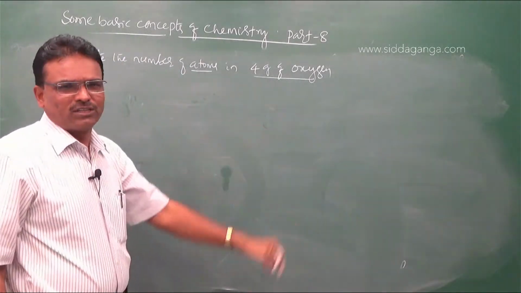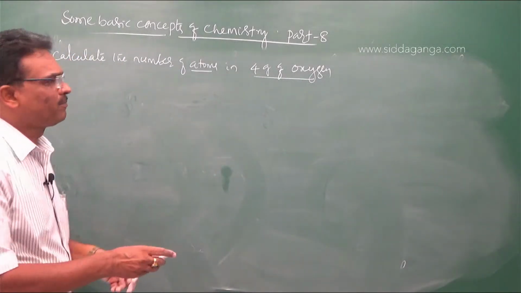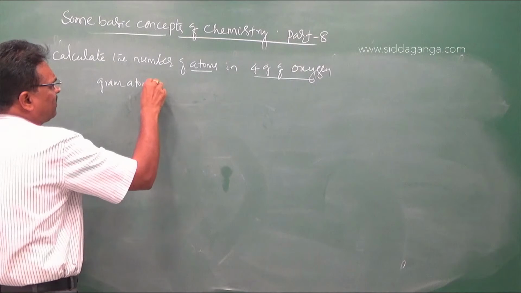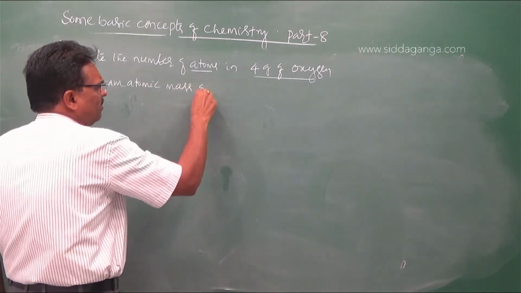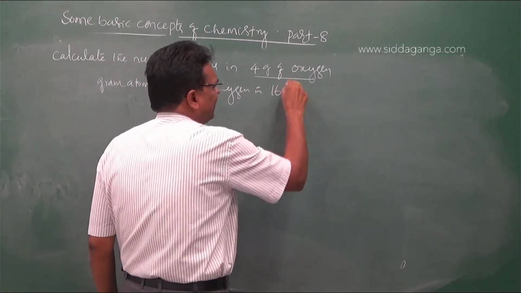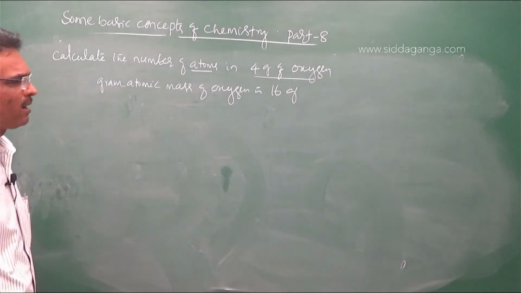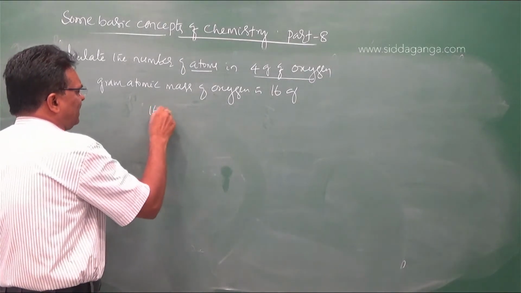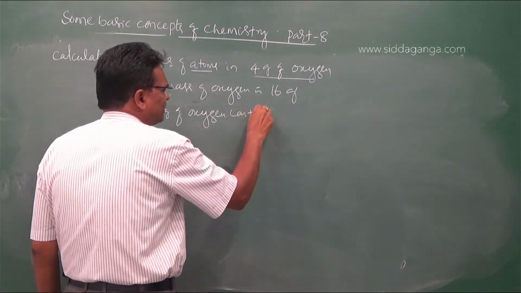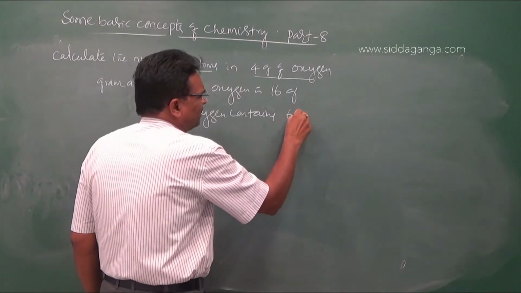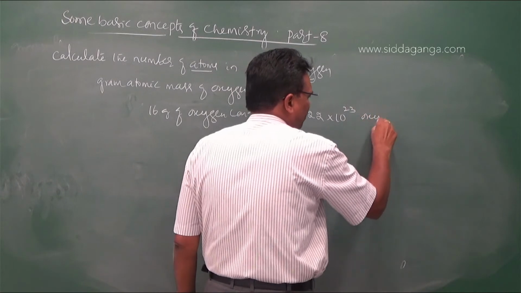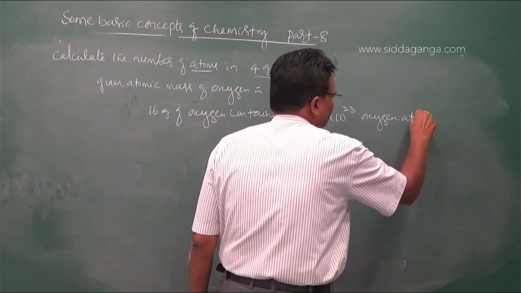Calculate the number of atoms in 4 gram of oxygen. Gram atomic mass of oxygen is 16 gram. 16 gram of oxygen contains 6.022 into 10 to the power of 23 oxygen atoms.